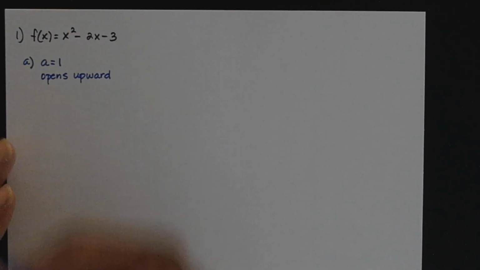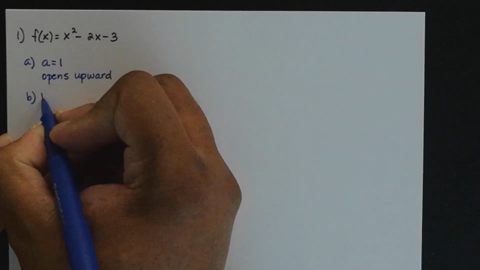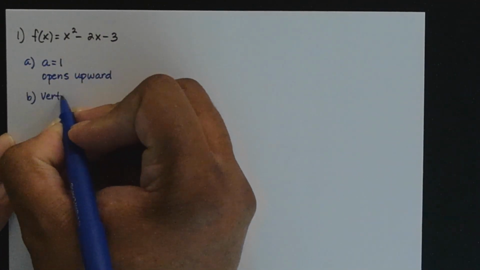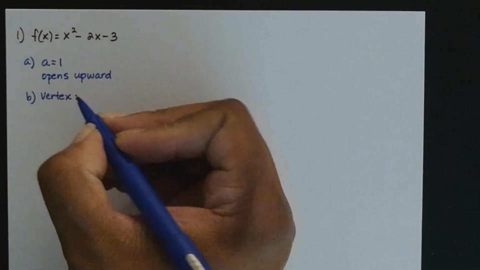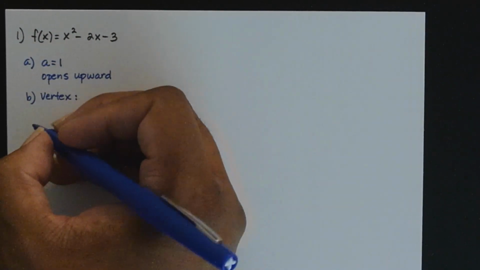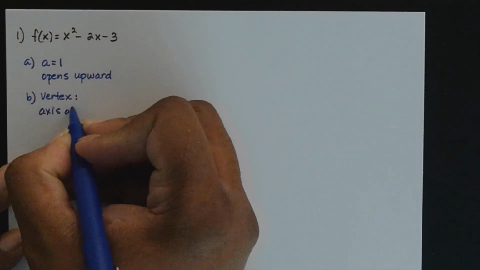And in part B, we want to find the vertex of this parabola. And also, I'm going to include with that the axis of symmetry.